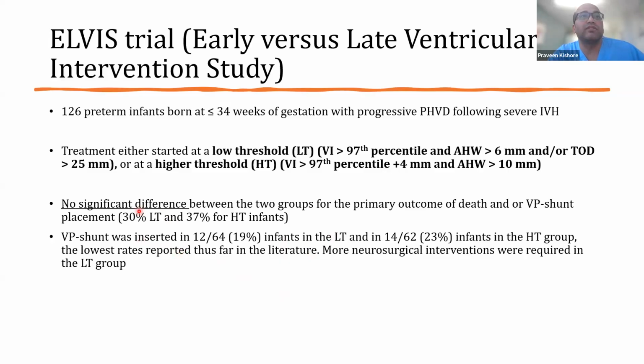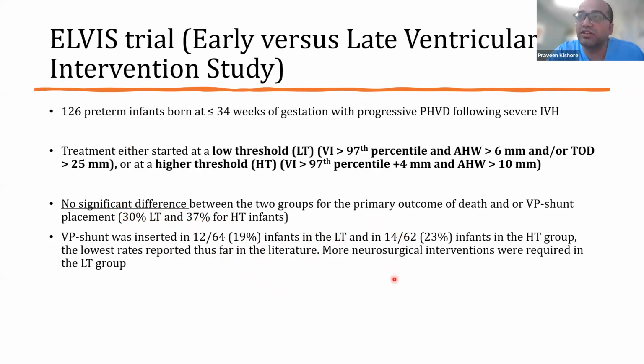However, there was a slight difference if you look at percentages, and I do not know when you have just 126 babies, how much you can see into it. So 30% versus 37% for higher thresholds. They had very few babies who needed the shunt at the end, just about 19% infants in the low threshold and 23% infants in the high threshold group.